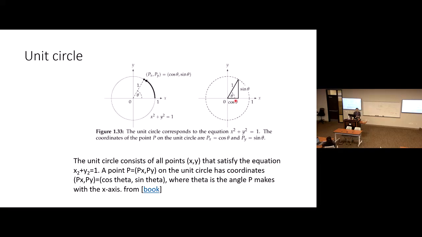Another concept is the unit circle, okay? Let's use 2D as an example. On this circle, all the data points have the same norm.